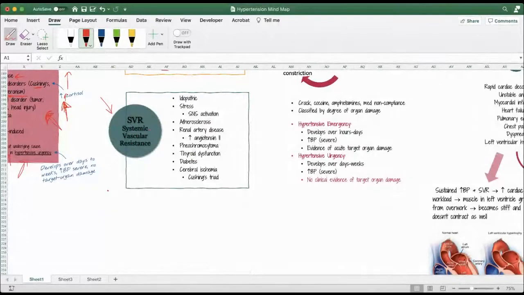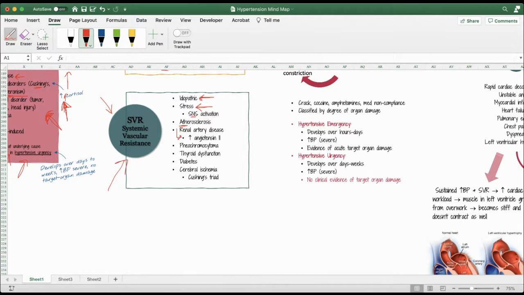And then when we look at systemic vascular resistance, what are the things that are causing an increase in that? Sometimes we don't know. It's just idiopathic, like we talked about earlier. Stress we talked about with your sympathetic nervous system. Atherosclerosis, we're going to talk more about next week, but of course that's going to create smaller vessels and increase the resistance.